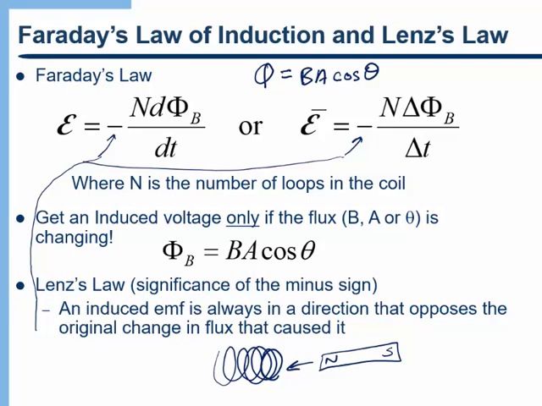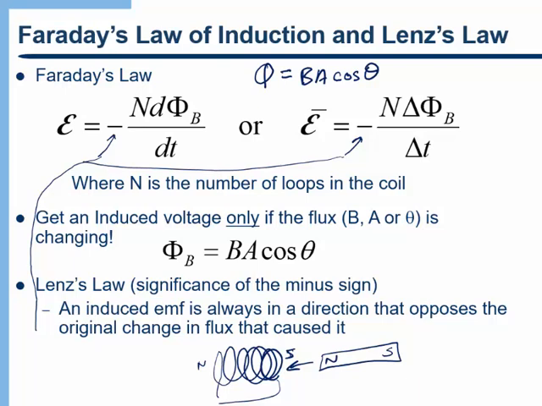That's going to induce a current in that coil. But what if that current turned this coil into a magnet where this end was the South Pole and this end was the North Pole? Well, that would mean that if you just moved a magnet a little bit towards a coil, the coil would then suck the magnet in. We'd be getting energy for nothing. That would violate conservation of energy.